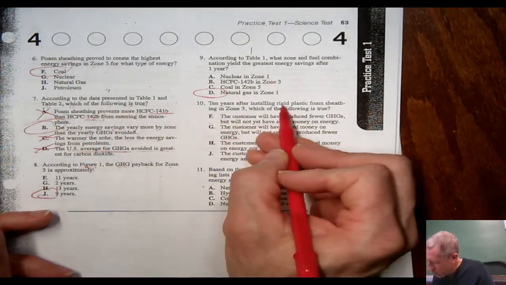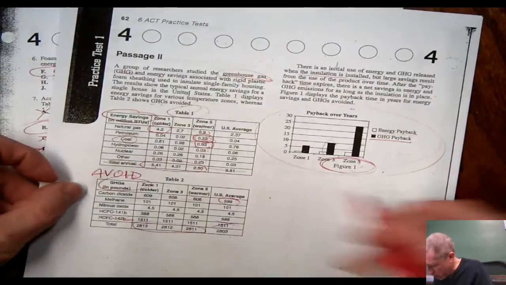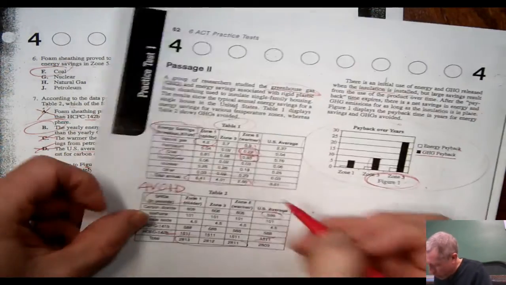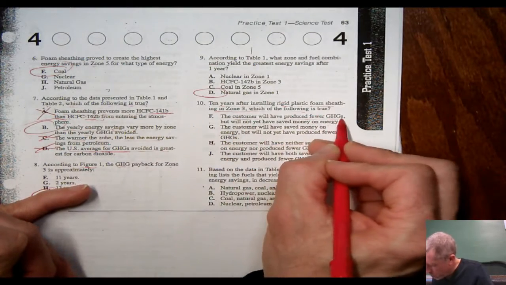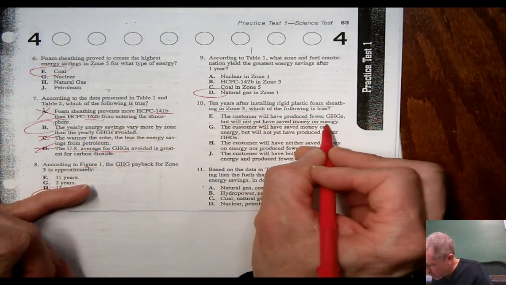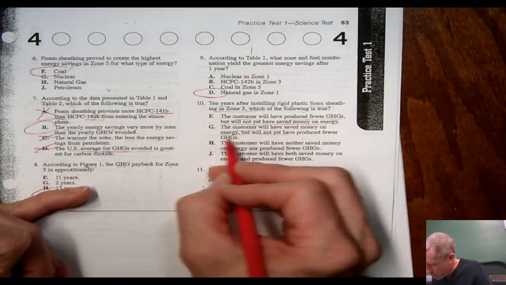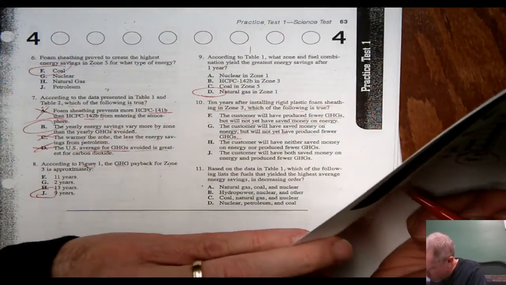10 years after installing rigid plastic foam sheathing in zone 3, which of the following is true? Okay, so zone 3. I can't really say which table I'm looking at now. The customer will have produced fewer GHGs but will not yet have saved money. The customer will have saved money but not produced fewer GHG. Oh, so I'm looking for both of these. So let's see, zone 3. Zone 3.